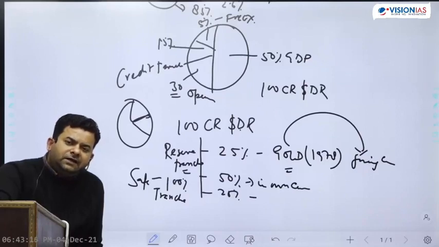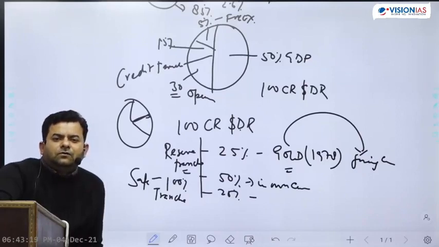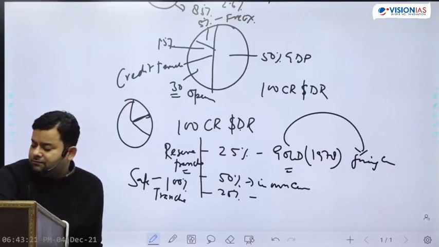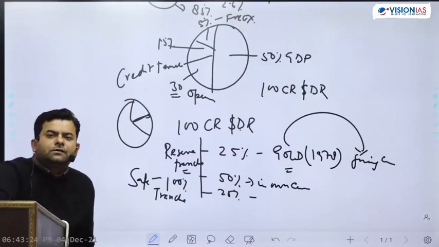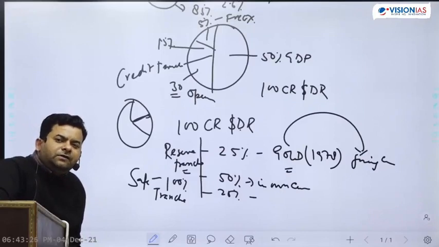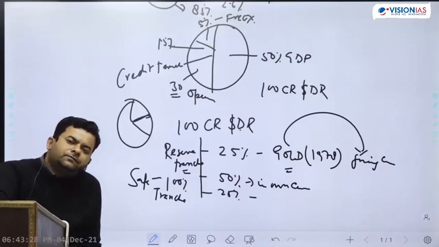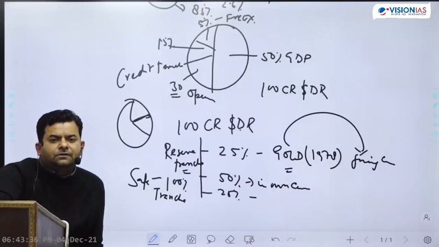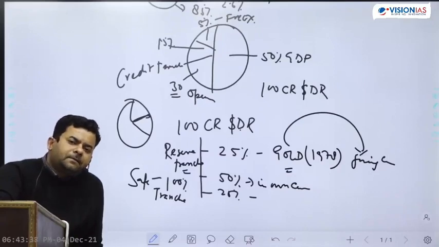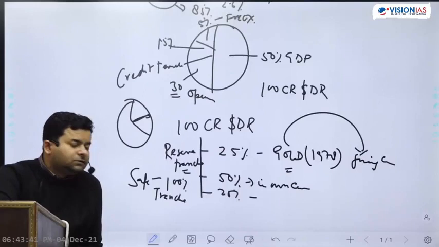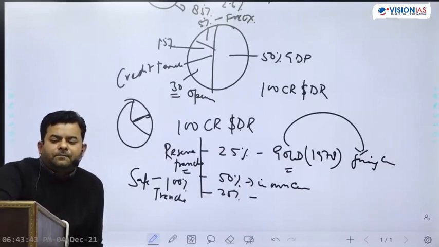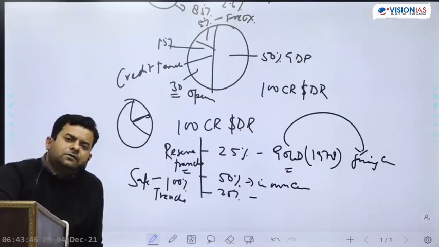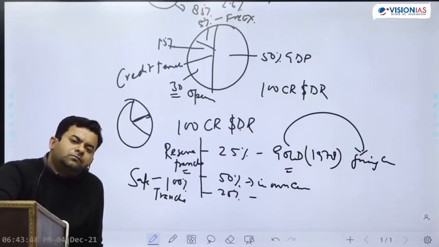In 1999, when the euro was introduced, it was reduced to 4 currencies: US dollar, euro, pound sterling, and Japanese yen.